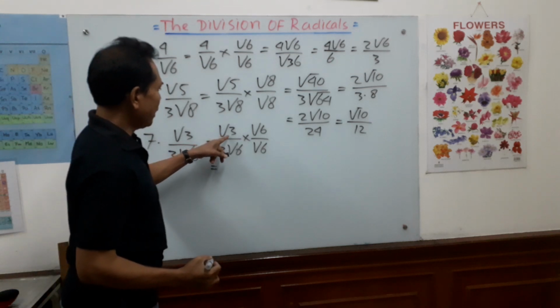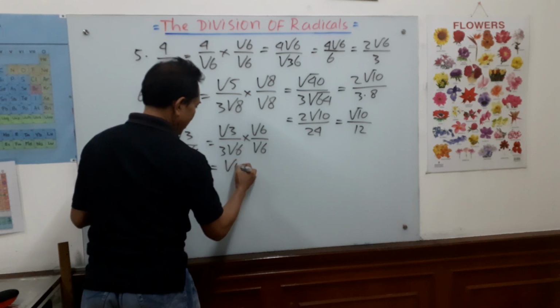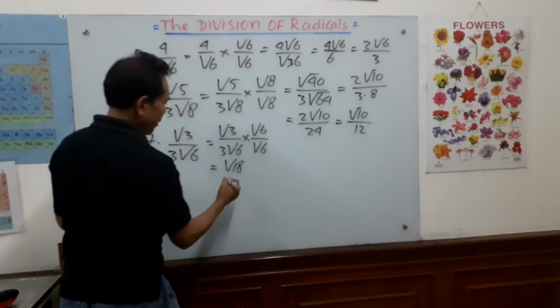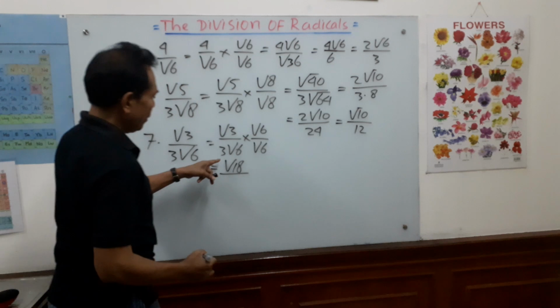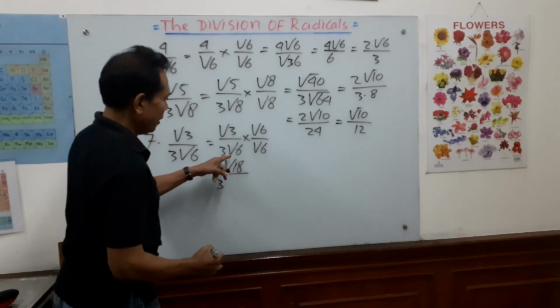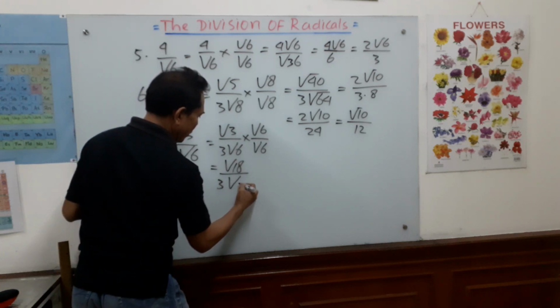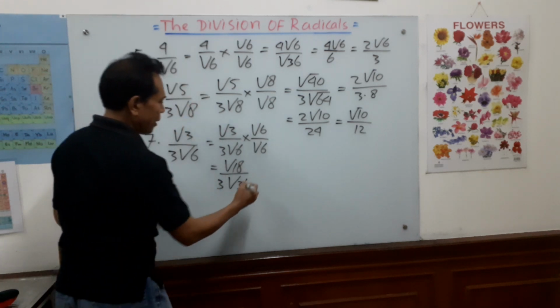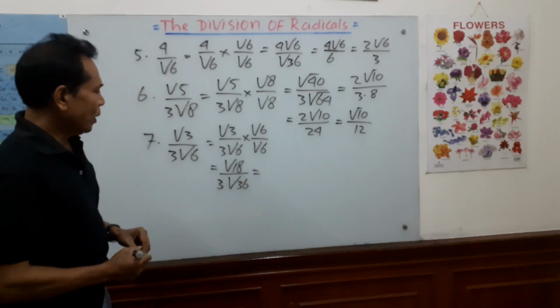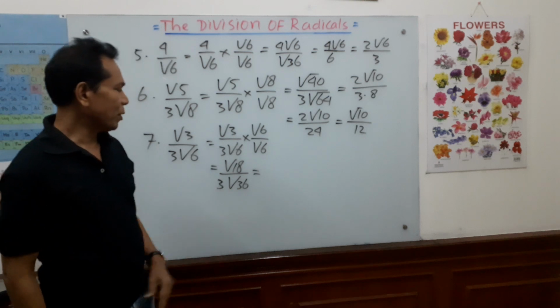So square root 3 times square root 6 is square root 18, over 3 times 1 here is 3. And square root 6 times square root 6 is square root 36. So now we have square root 18 over 3 square root 6.